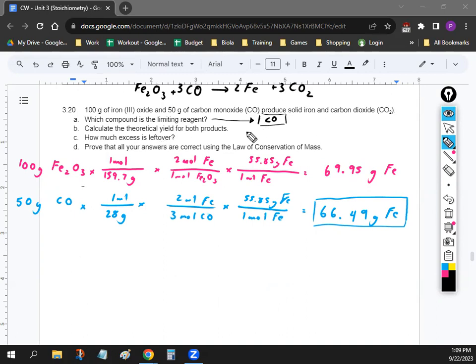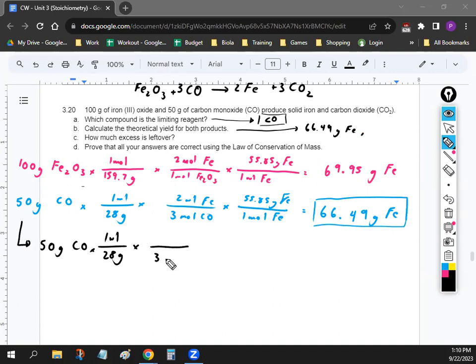Now, we actually have half the answer already. We found out that we can create 66.49 grams of Fe, but now we need to find the grams of CO2 that we need to make. Now, you do not need to do stoichiometry 2 times because you already know the limiting reagent. You know which one runs out first, right? You already know that CO is going to run out first. So you can just do stoichiometry with CO. So 50 grams of CO. Just copy it down exactly how you had it. 28 grams per mole.